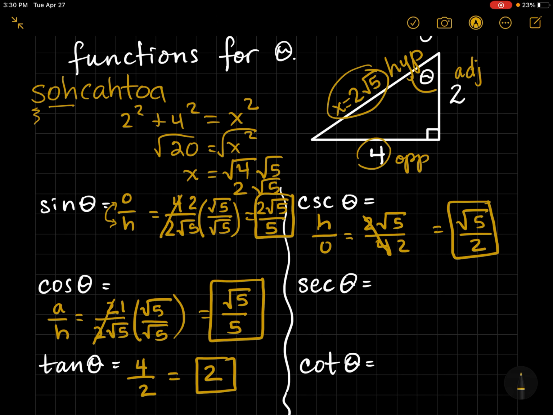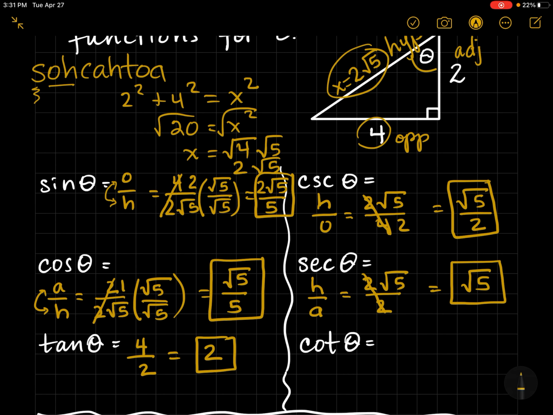Secant, well, the reciprocal of cosine would be hypotenuse over adjacent. So the hypotenuse is 2 radical 5, and the adjacent is 2, and the square root of 5 is my answer.